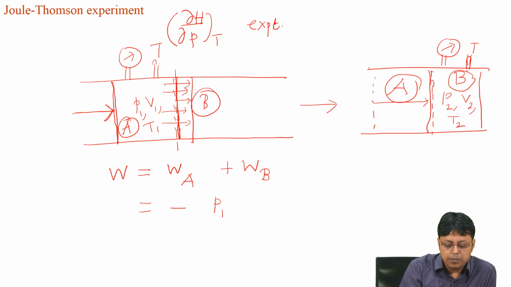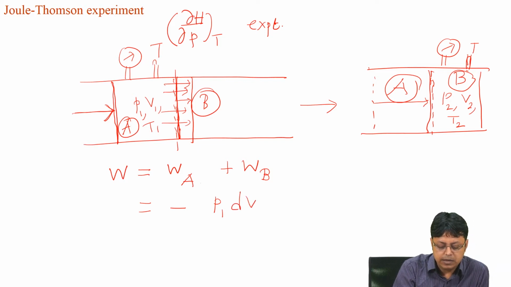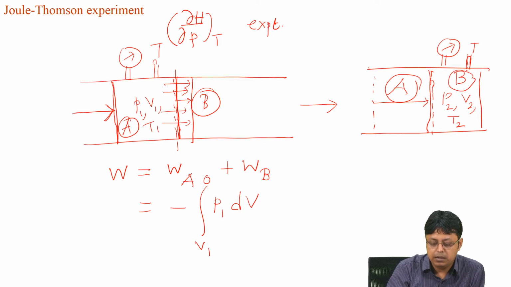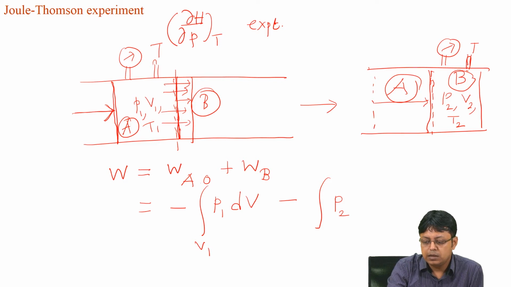So, the opposing pressure was P1 times dV, and the initial volume was V1, but the final volume was 0 for chamber A. Similarly, the work done in the other chamber, chamber B, is nothing but P opposing into dV. In this case, the P opposing has to be P2, because the final pressure was P2, and it maintained the pressure so that the piston actually kept moving as we were trying to increase the pressure.